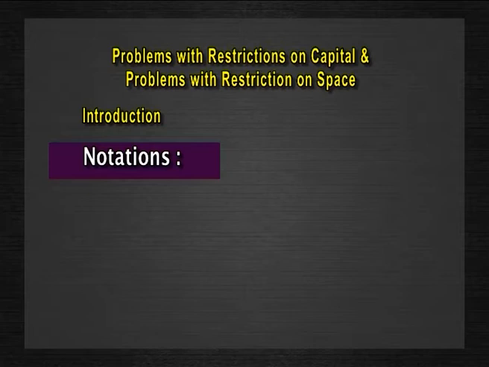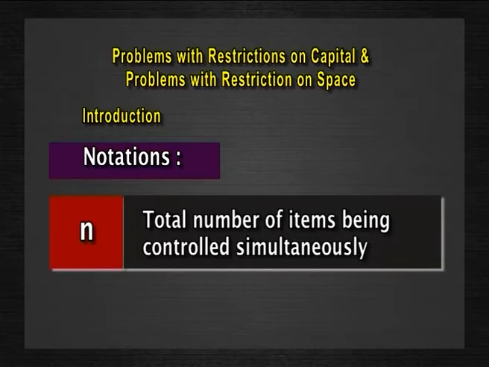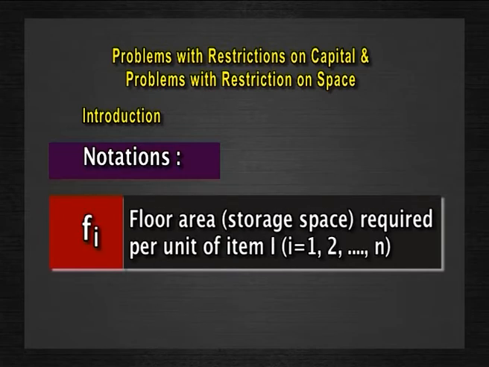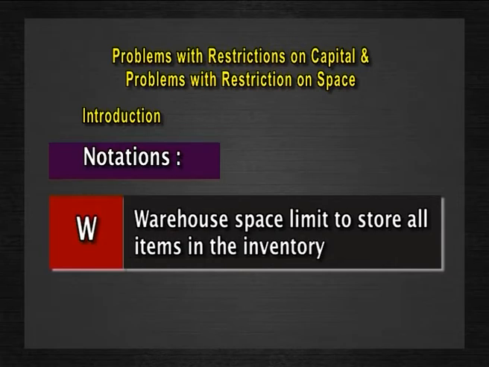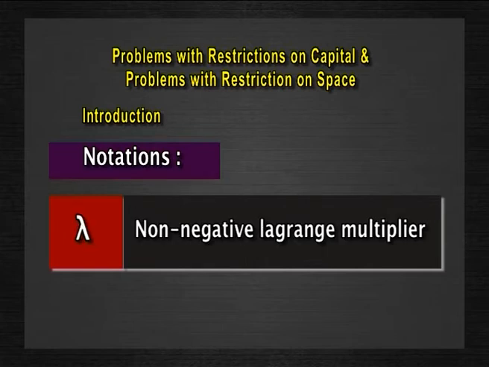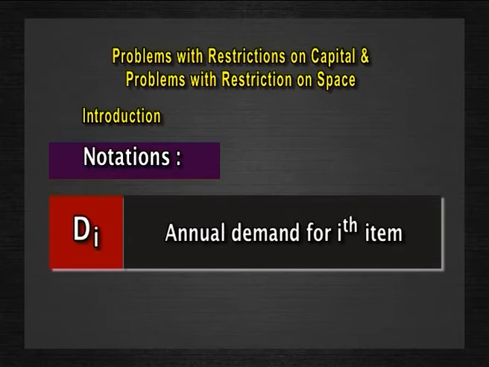Notations are as follows. N is the total number of items being controlled simultaneously. Fi is the floor area or storage space required per unit of item i, where i is equal to 1, 2 up to n. W is the warehouse space limit to store all items in the inventory. Lambda is the non-negative Lagrange multiplier. Di is the annual demand for the ith item.